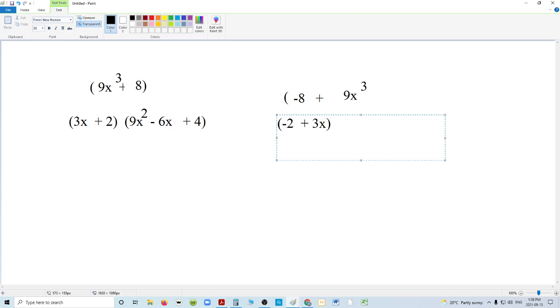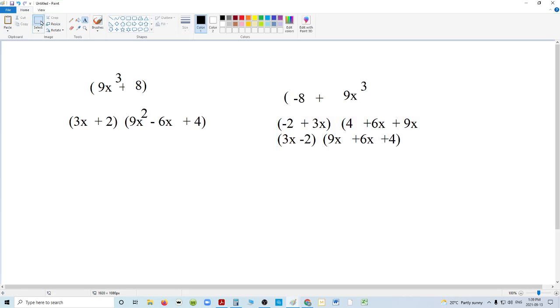Now we're going to find the square of the first term. The two terms, times each other, is minus 2 times 3x, so that becomes minus 6x. And the square of the last term becomes 9x squared. Now we're going to rearrange it. It becomes 3x minus 2, and it becomes 9x squared plus 6x plus 4. All I'm doing is rewriting it. So instead of the correctly sum factored version here, I can do it here.